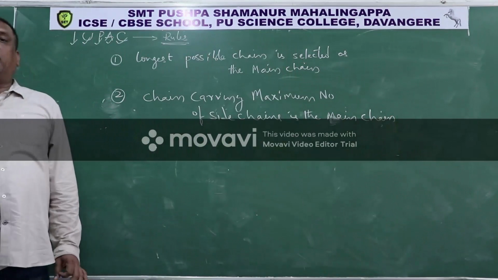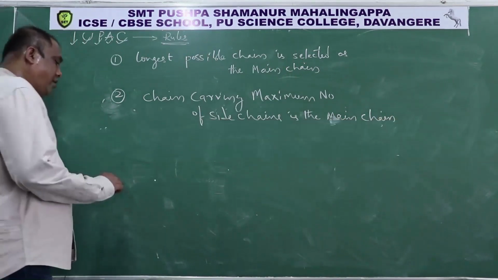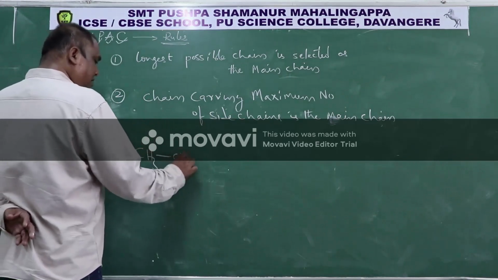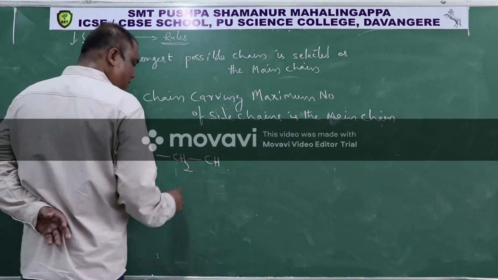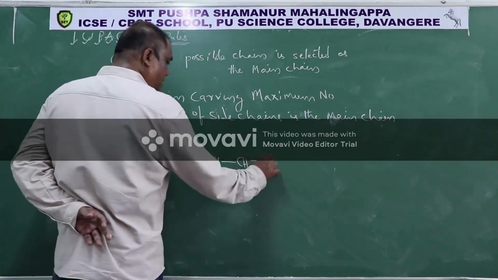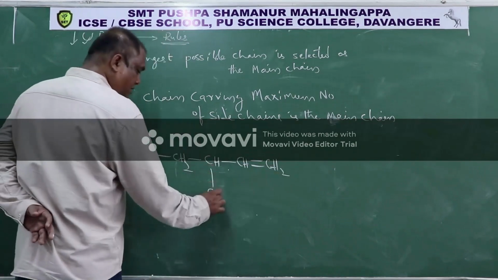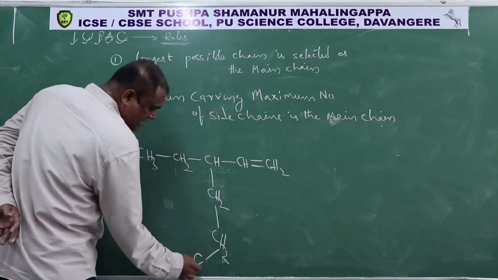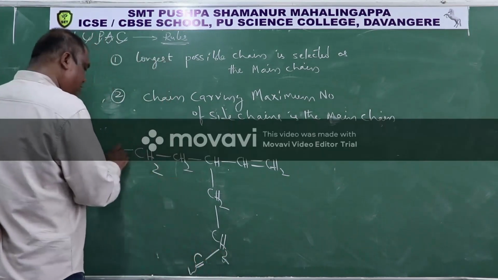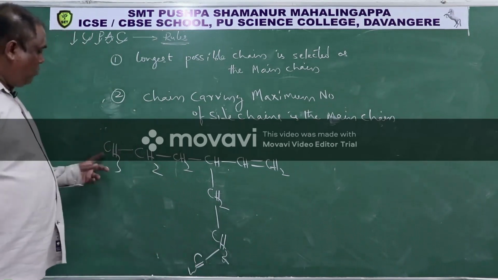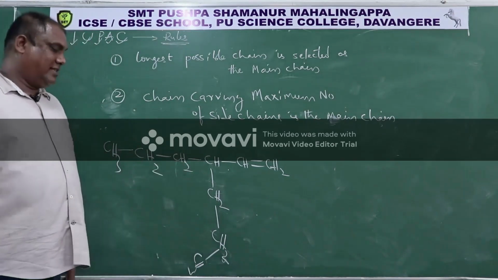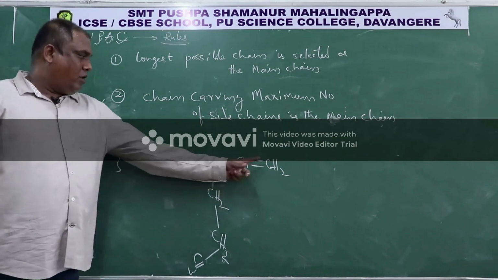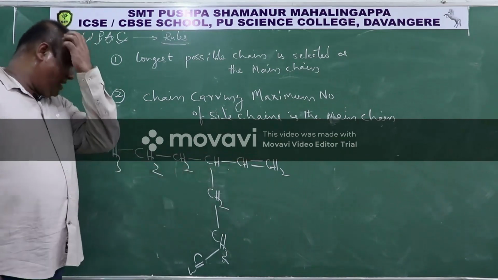Chain carrying maximum number of side chains is the main chain. Then CH3, CH2, CH double bond, CH2, then CH2, CH3, CH2, CH3, then CH2, CH3. 1, 2, 3, 4, 5, 6, 7 carbons are there. 1, 2, 3, 4, 5, 6 carbons are there. 1, 2, 3, 4, 5, 6 carbons are there.